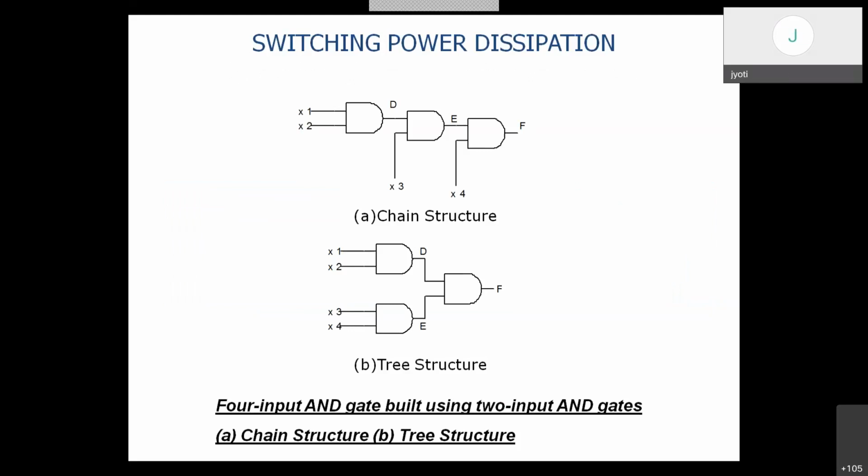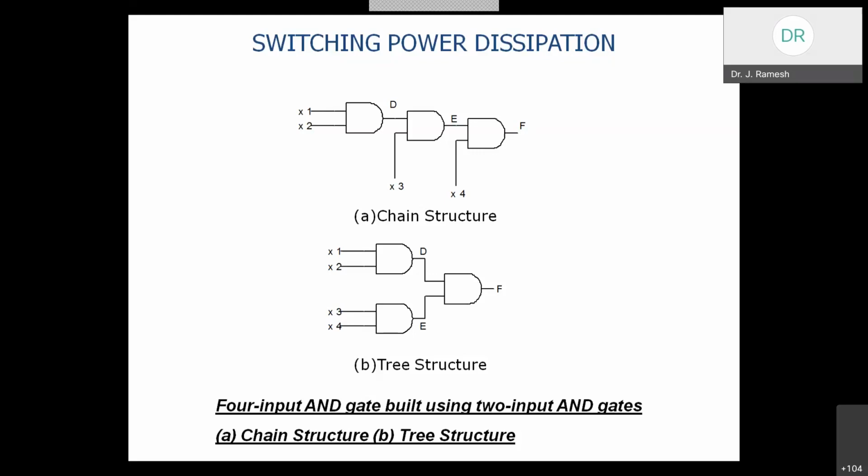But at the same time, you have to consider the glitching activity, the glitching power. The chain structure is prone to glitching activity, but the tree structure is actually a balanced structure, because of which the glitching activity will be less when compared to the chain structure. So glitching power will be less in the case of the tree structure compared to the chain structure.